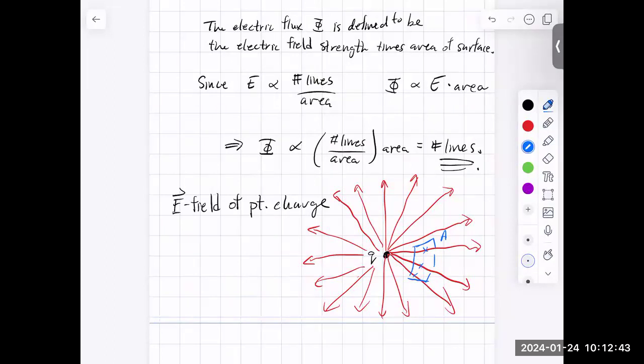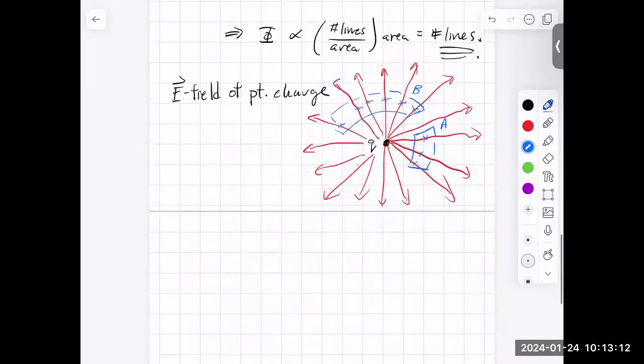I'm going to place B so that it's the same distance from the charge Q, but let's make it a bigger area. So I'm going to put it in some other position and make the area bigger, but the distance from this surface to the charge Q is the same.